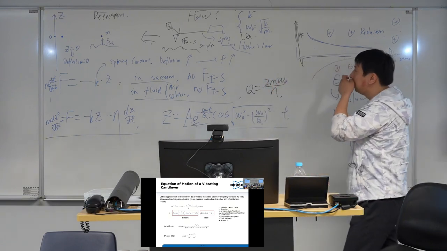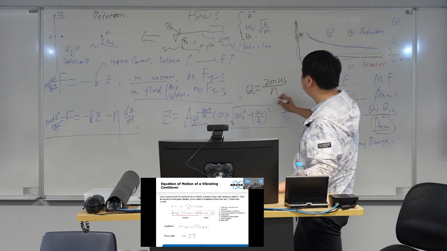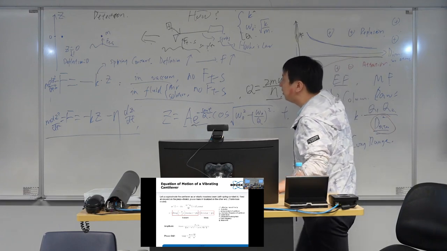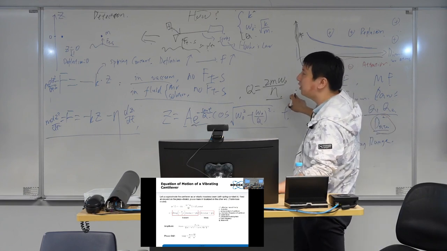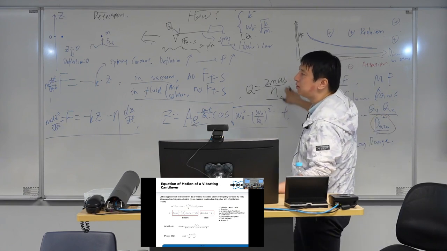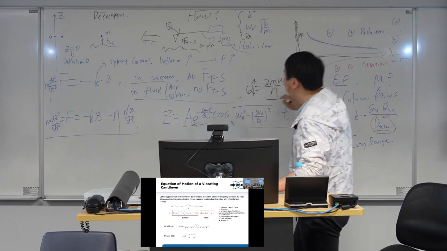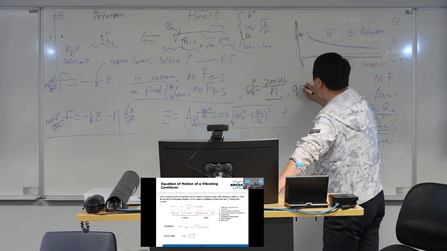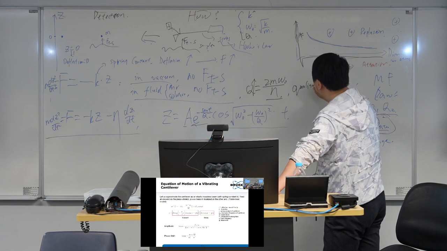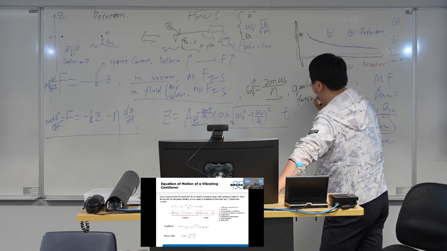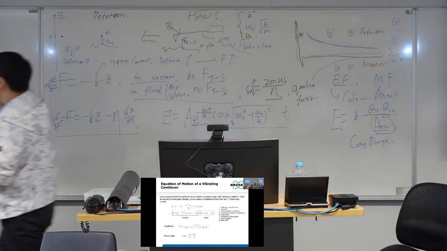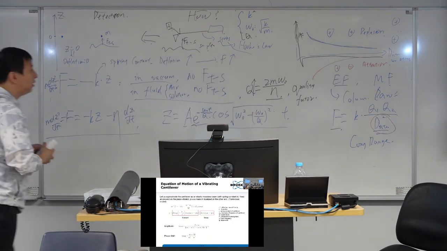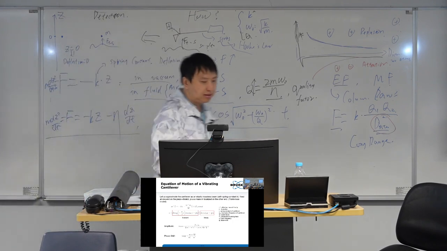It's proportional to m, and it also depends on eta. So if your eta is small, the Q will be large, and we call it the Q factor. Okay. Finally, we get something related to our probes.